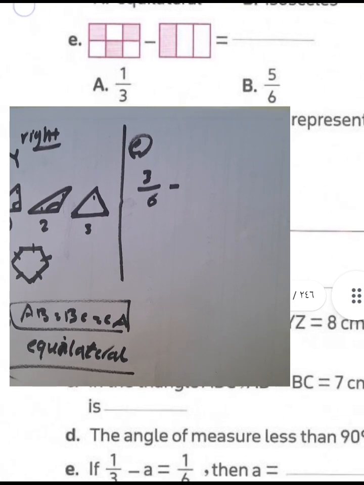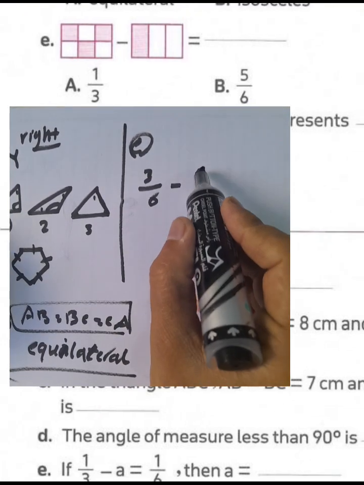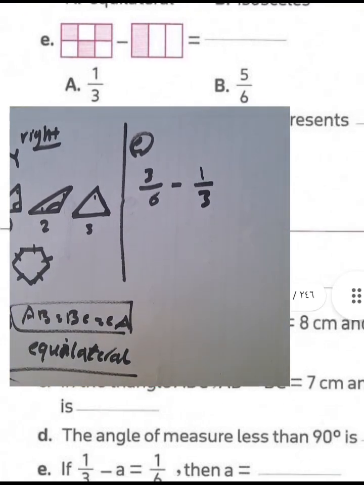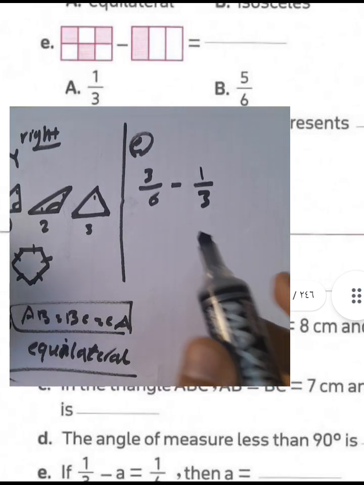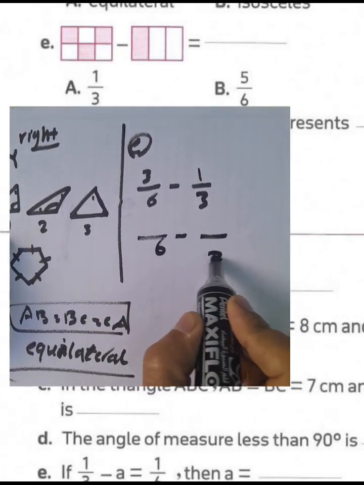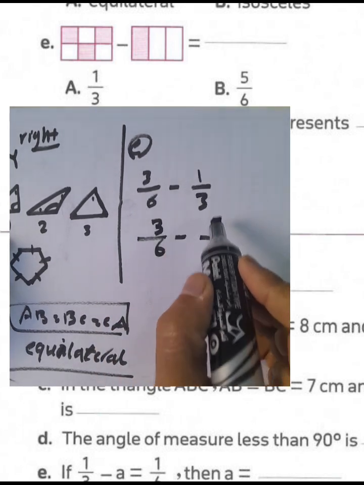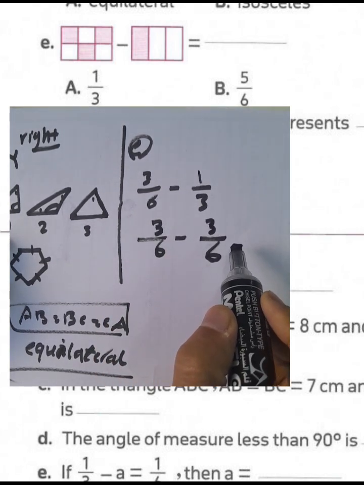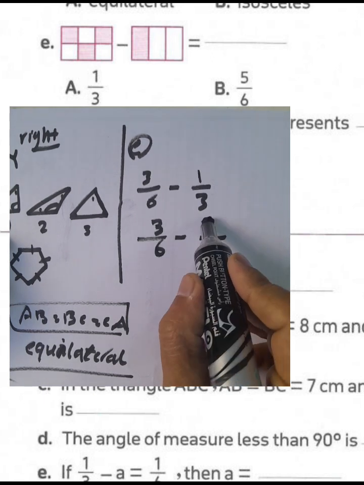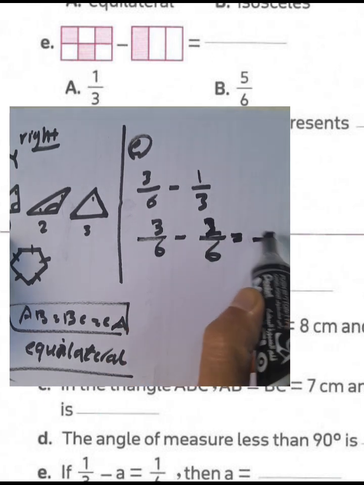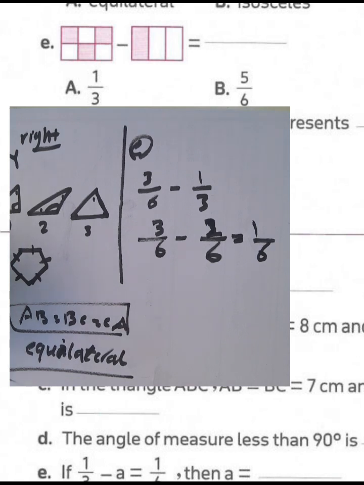So 3 over 6, subtract 1 over 3. He colored 1 part from 3 parts. Then you write the least common multiple of the two denominators, 6. 3 times 2 equals 6, 1 times 2 equals 2, 3 minus 2 equals 1. The result will be 1 over 6.